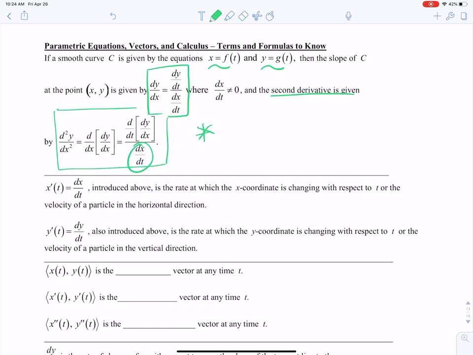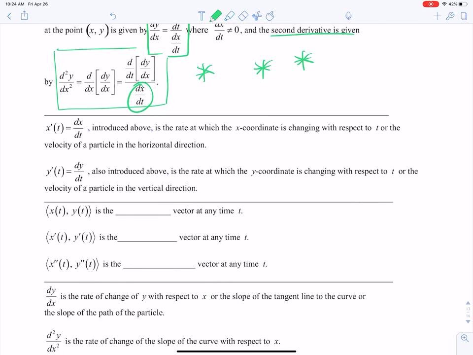Now, when I refer to x prime of t, I'm really talking about dx/dt, which is the rate at which the x coordinate is changing. And y prime of t means dy with respect to t, the rate at which the y coordinate is changing.